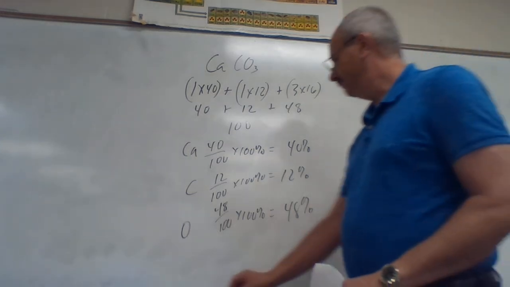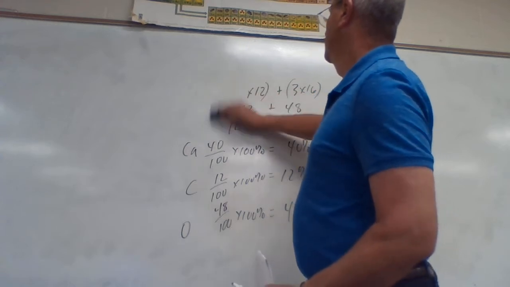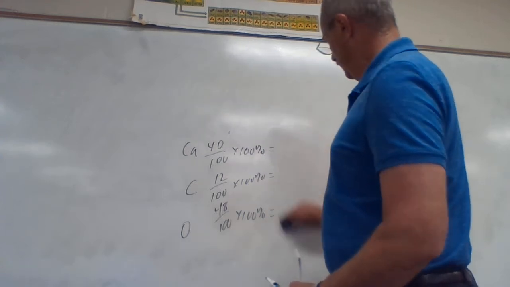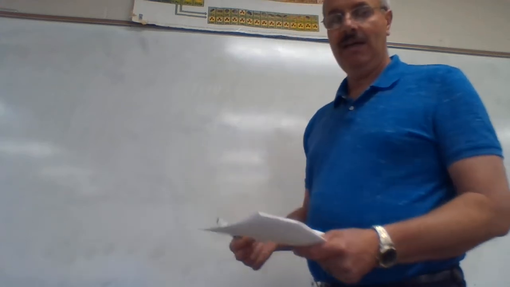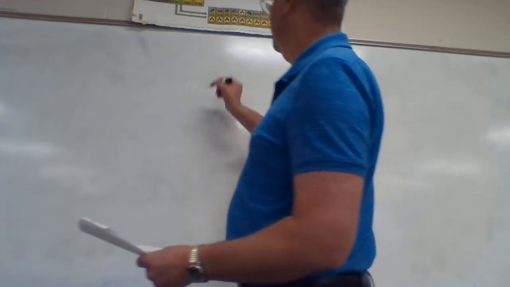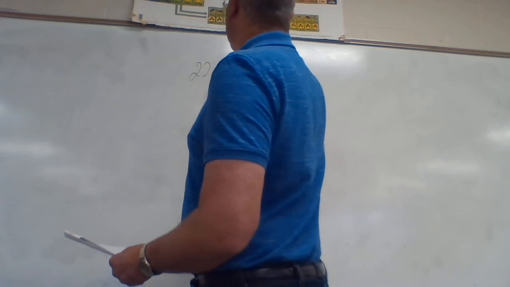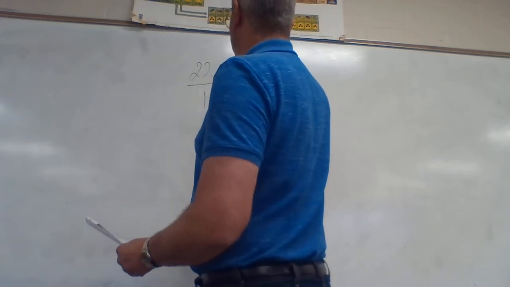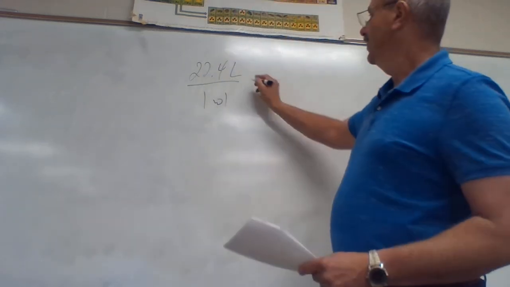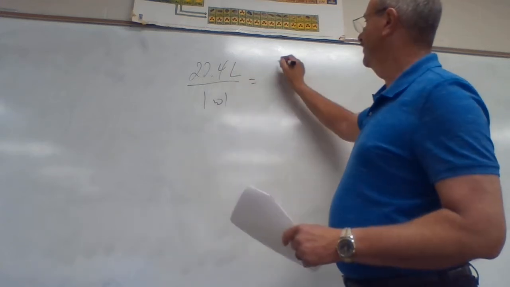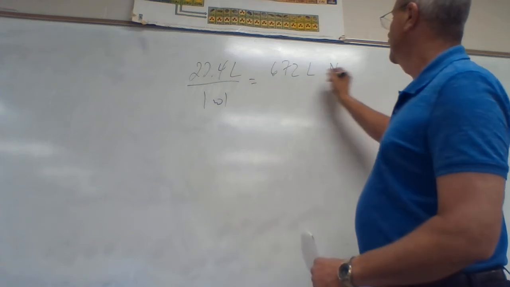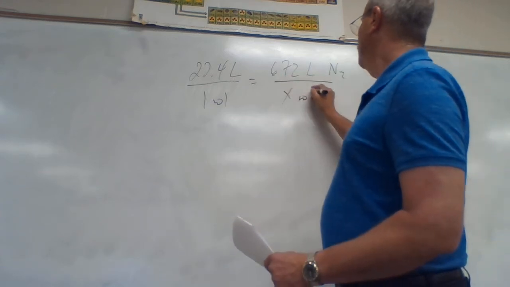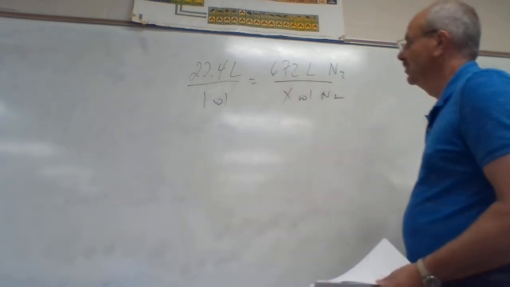All right, number 7. Number 7, they gave us a certain number of liters. So because they gave us liters, we've got to use 22.4 liters is 1 mole. They gave us 672 liters of nitrogen gas, and we want to find X moles of nitrogen gas.